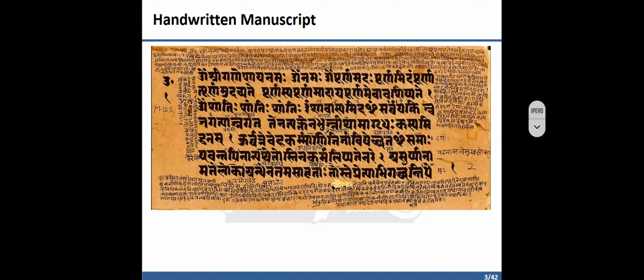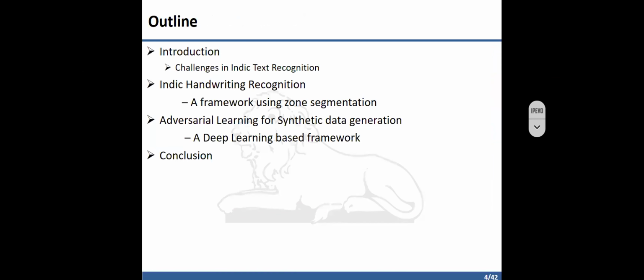Anyone who wants to develop any features or deep learning architectures needs to test on this MNIST dataset to see what the accuracy is. So have you tried with handwritten Indic characters? That's the objective of this work.